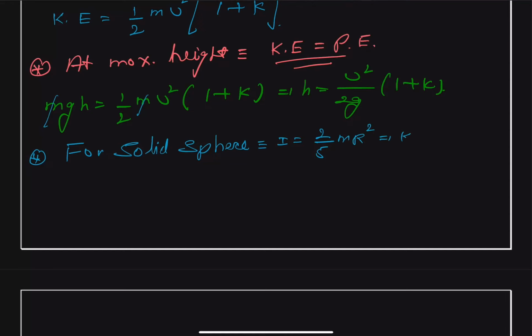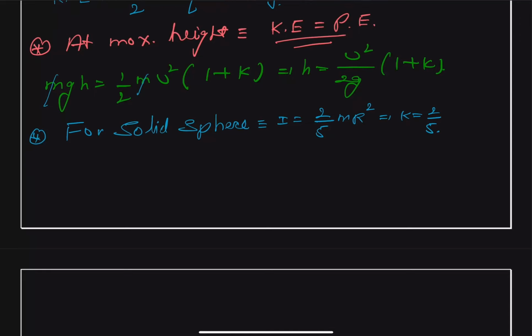Therefore the value of k is equal to 2 by 5, and the respective height in that case is h1. So we can say h1 is equal to v square by 2g times (1 plus 2 upon 5), and this comes as 7 upon 5 times v square upon 2g.